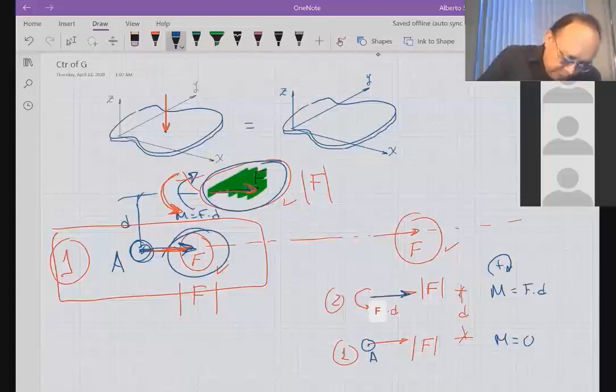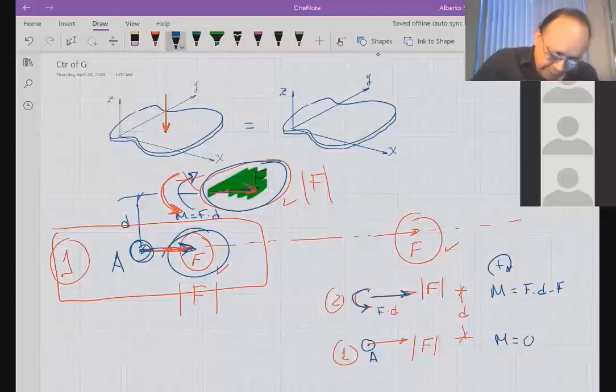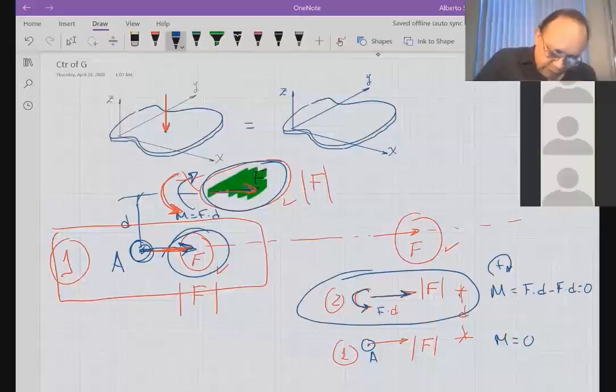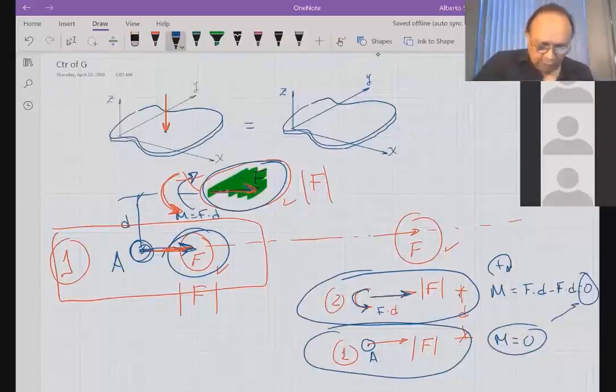And then this moment in the opposite direction, minus F times d, equals 0. So see how this system 2 is producing a moment of 0, and system 1 is also producing a moment of 0. So these moments are the same, and these magnitudes are the same. So these two systems are equivalent.